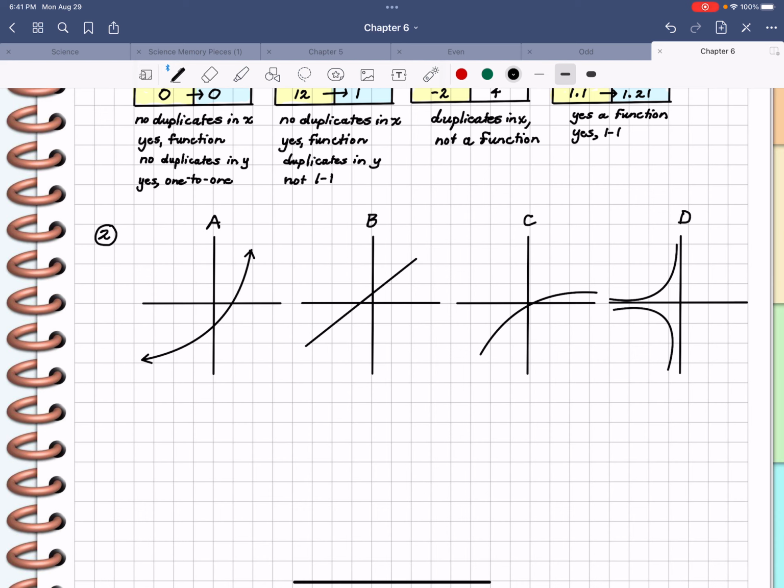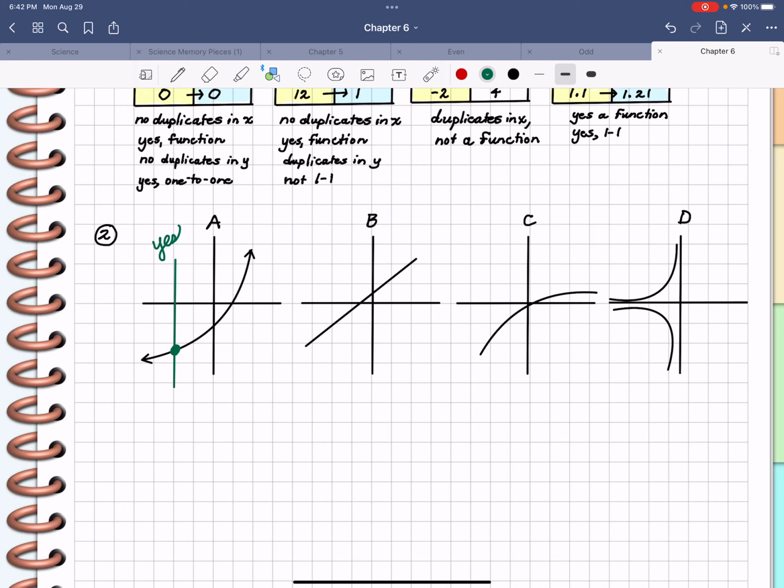All right, now remember, if we're trying to decide if it's a function and we have graphs, we're in good shape because we can use a vertical line test. So I'm going to let a vertical line pass here. Only touches at one spot. That means we have a function. So A is a yes.